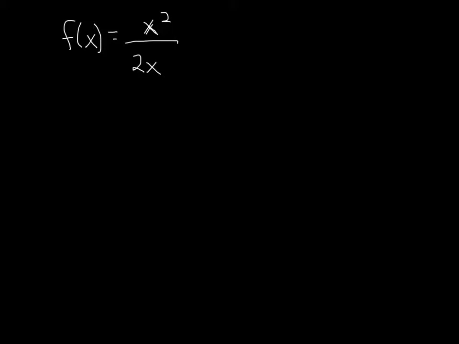So let's see an application of this. Let's take the derivative of this function, f of x is equal to x squared divided by 2x. So f prime of x has to be equal to ho d hi.